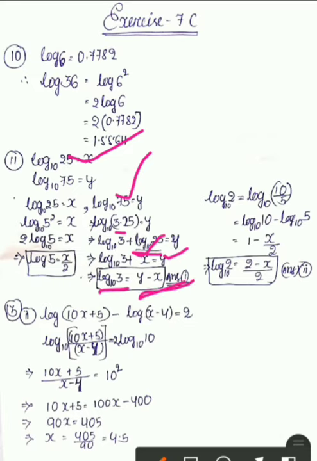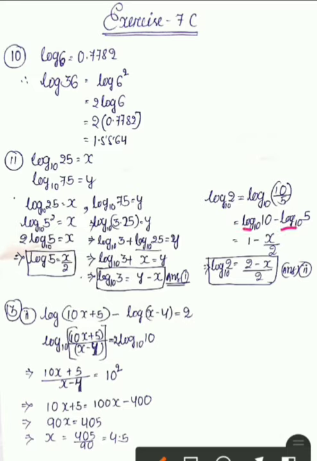And number 2 is given, log of 2 to the base 10 you have to find out. Log of 2 to the base 10 you can write as log of 10 by 5 also, because if you cancel out you will get this. Now students, just see, using the quotient law you can write it as log of 10 to the base 10 minus log of 5 to the base 10.